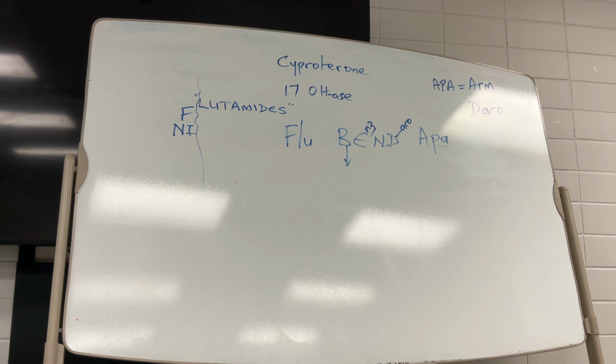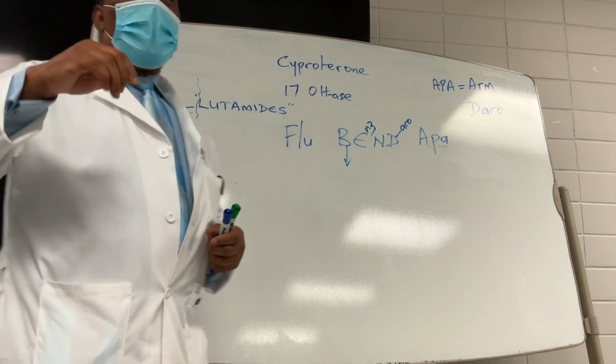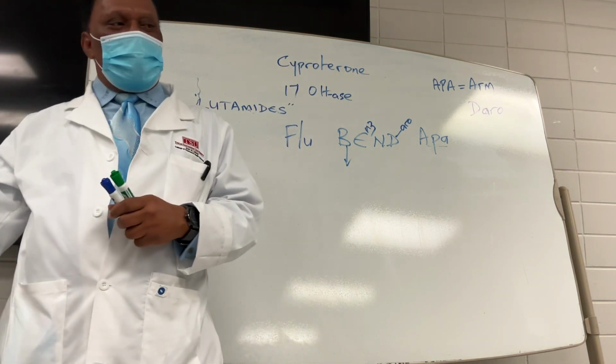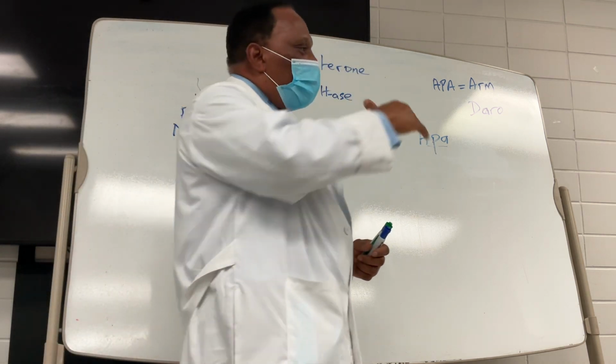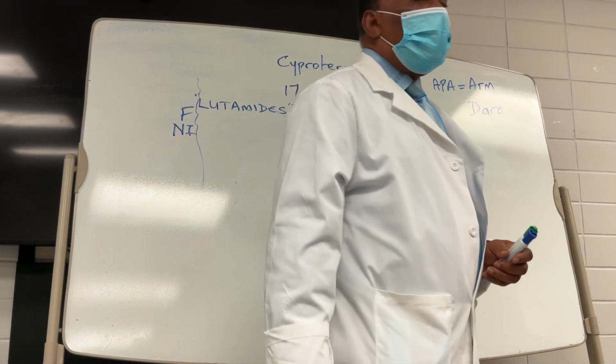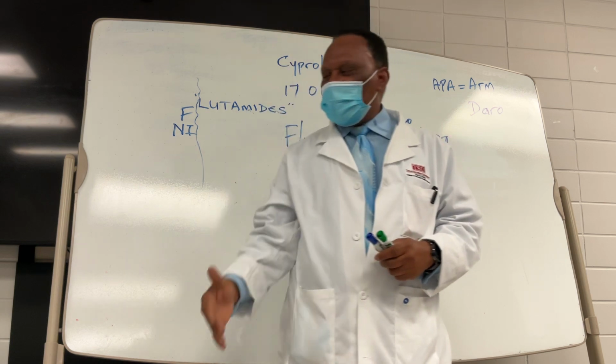Gonadotropin releasing hormone analogs. These agents will initially cause an increase in your androgens, and then over some time they will cause a decrease. Basically, you use up the system.